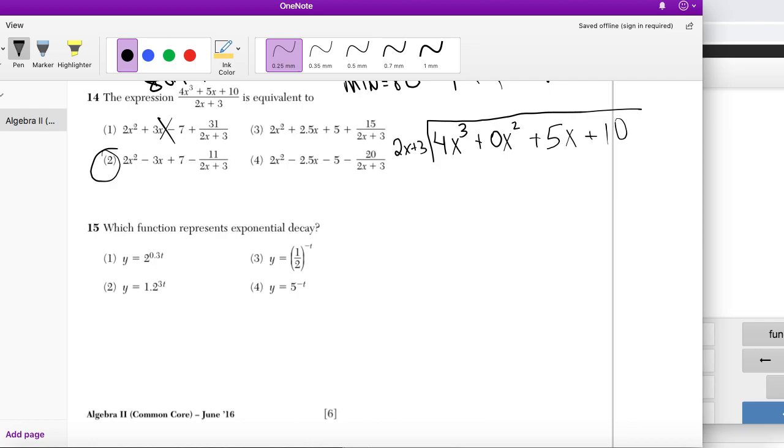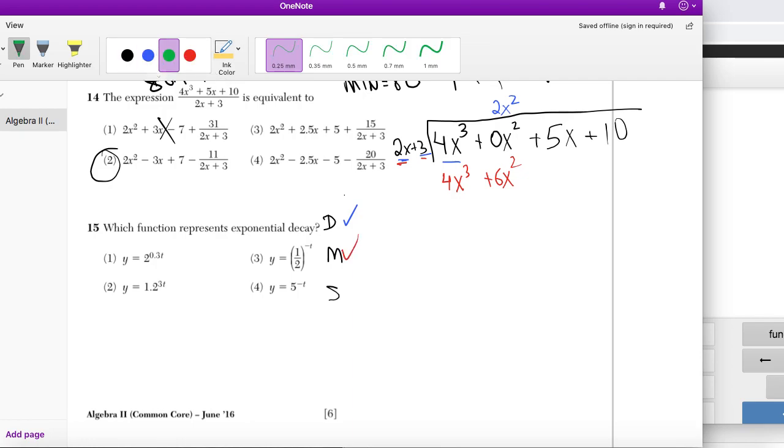Now what we do is we follow the steps of divide, multiply, subtract. You take the first term, 4x cubed, divide by the first term here, and you're going to get 2x squared. And I'm going to check off each time I complete a step because you're going to have to repeat. Then we multiply. We multiply 2x squared by each of these two terms. And as I multiply each term by 2x squared, I get 4x cubed plus 6x squared. So that's the multiplication part.